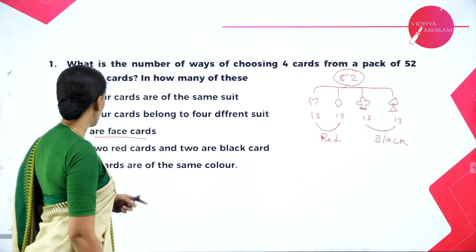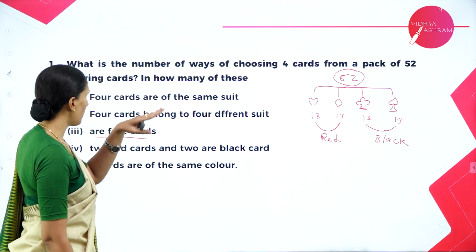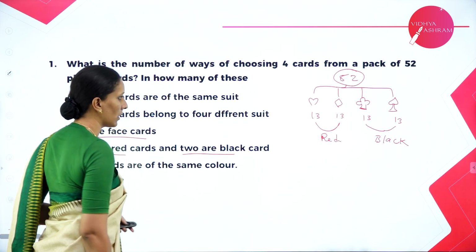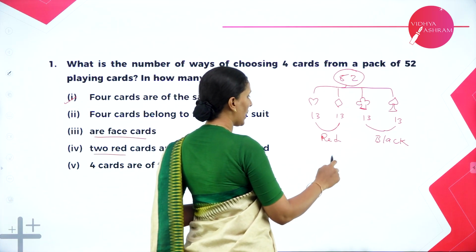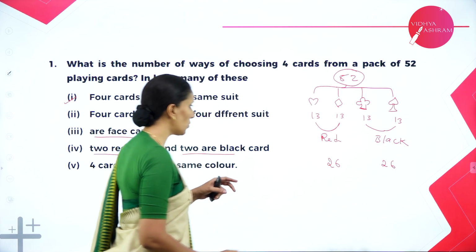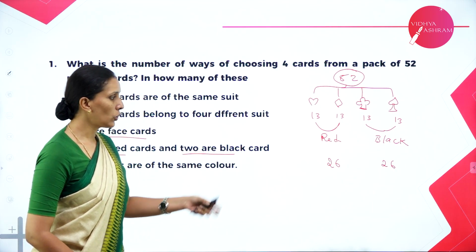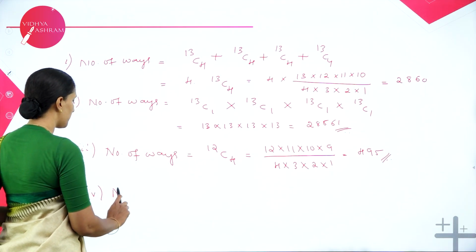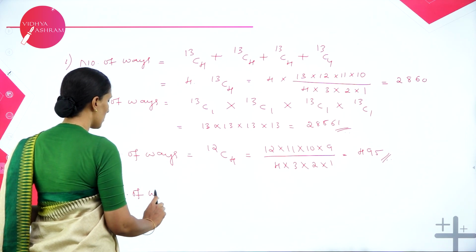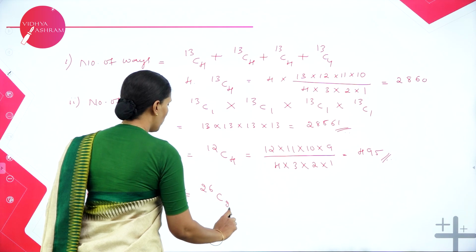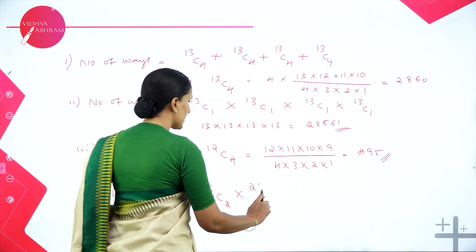Next question. We need to select 4 cards from 52 cards where 2 are red and 2 are black. So that means how many reds do we have? We have 26 reds and 26 blacks. So that means we need to choose 2 red cards and 2 black cards. So therefore, here the number of ways is equal to 26C2 and 26C2.